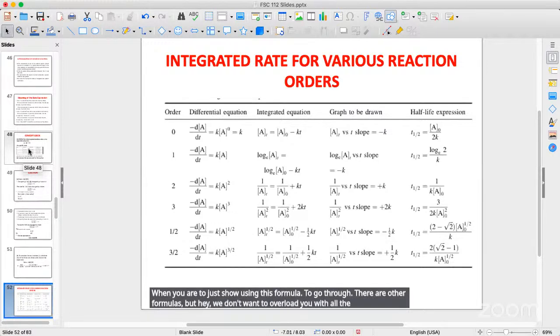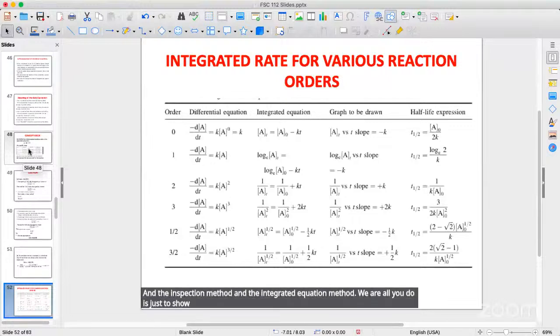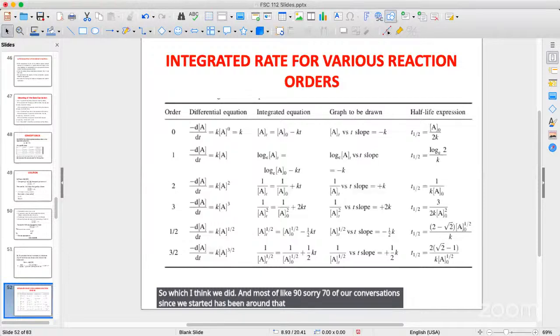In fact, there are varieties of methods really, but these are just the two methods we're interested in here: the inspection method and the integrated equation method, where all you do is just show that a particular data set conforms with a particular order. I think we did that really, and most of like 70% of our conversation since we started has been around that. So okay, any other question?